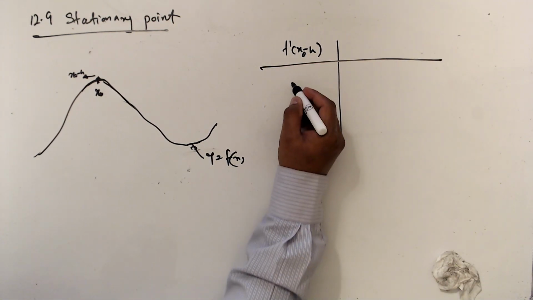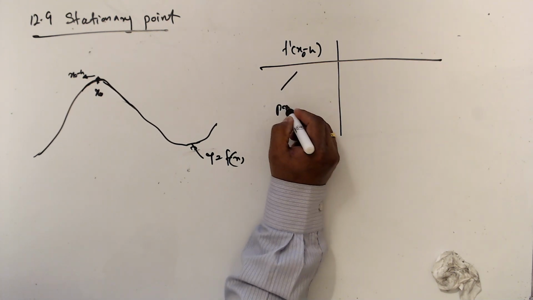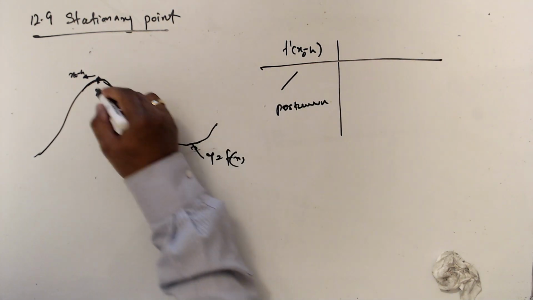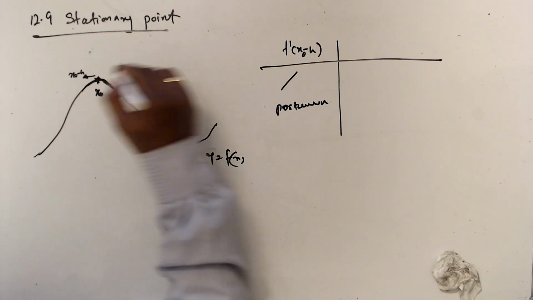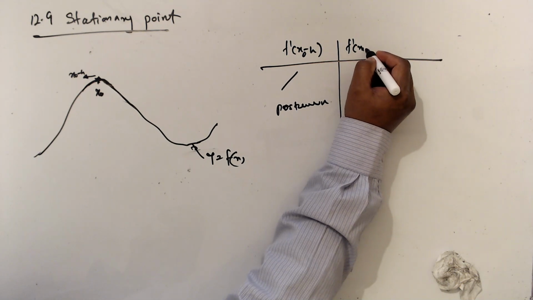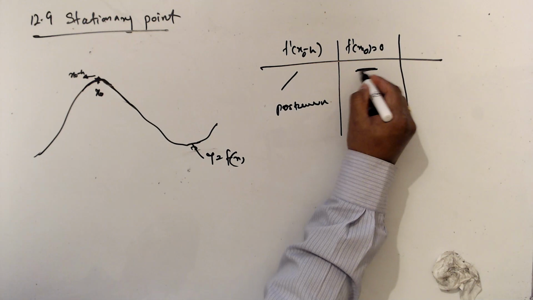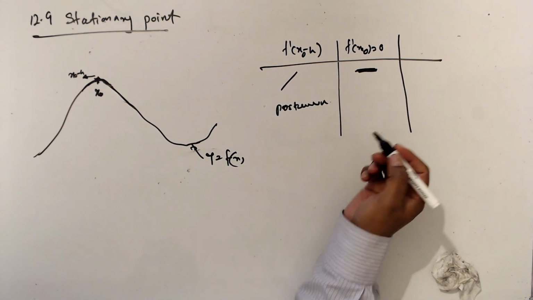If the gradient is positive, and we know that at this point, the stationary point, f dash x naught is 0, so this is flat.